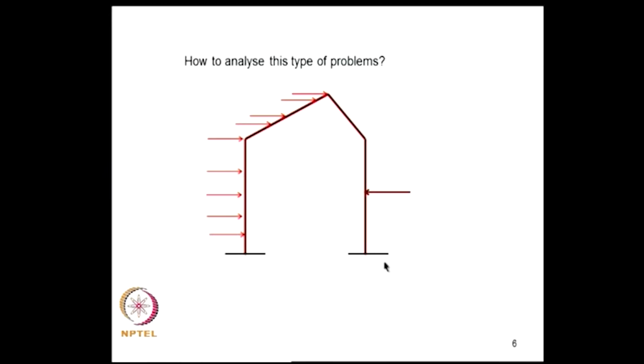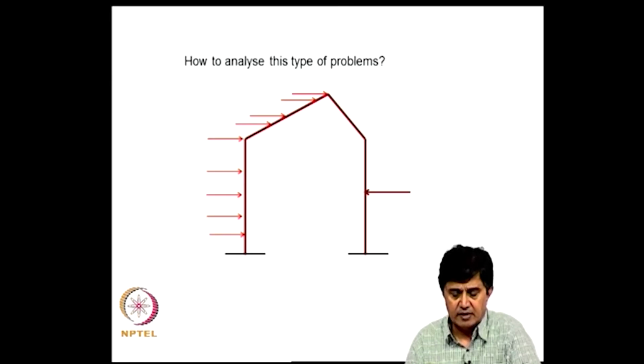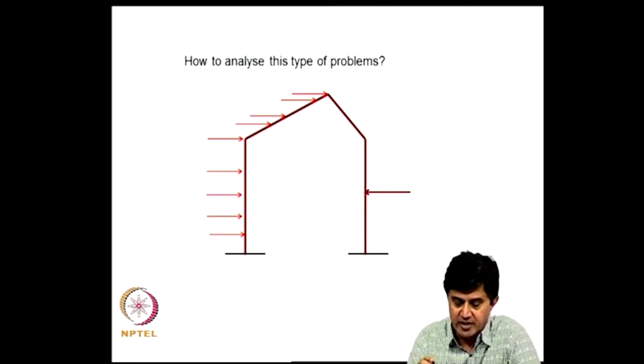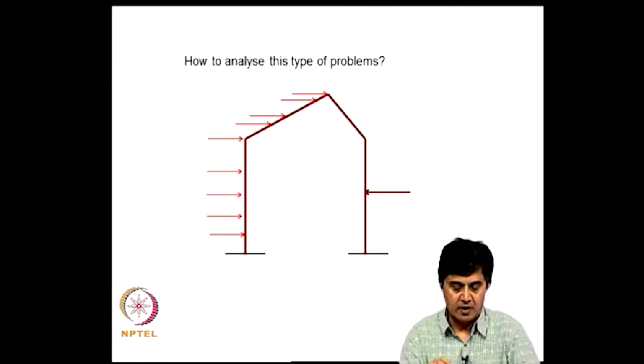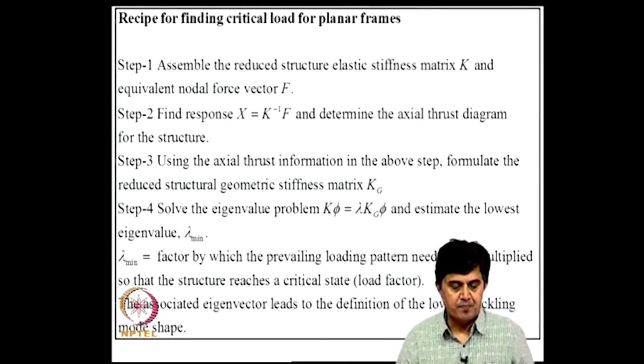We were asking towards the end of the class how to deal with analyzing stability of structures such as this. This could be more complicated than this in terms of loading and geometry, but right now we are considering planar frames with the discussion that we had till now. So, the recipe for doing this is what we will start today's lecture with.